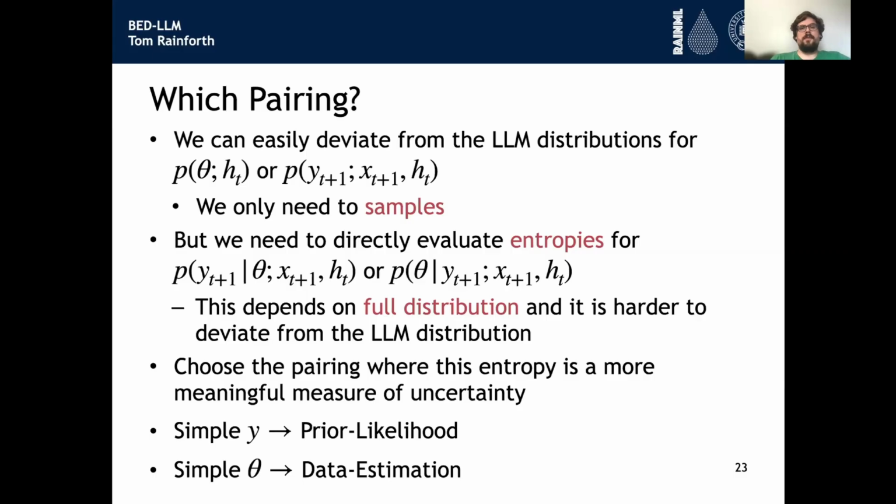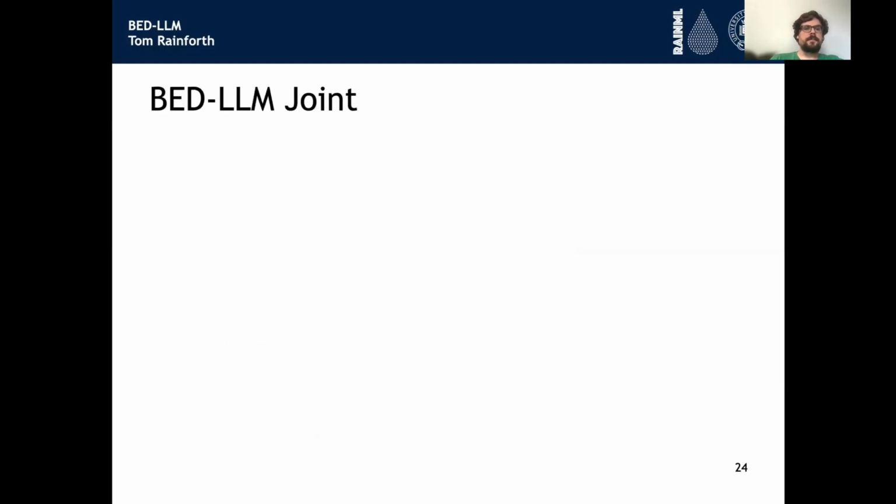Theta might be a binary thing, whether a hypothesis is true or false, but we might be generating very complex data to evaluate this. In that scenario, it's important to work with something that only estimates entropy over this binary variable. Whereas if we're doing something like 20 questions, we want something that will evaluate entropy over these binary responses. So we want to keep that entropy in the simplest possible space.